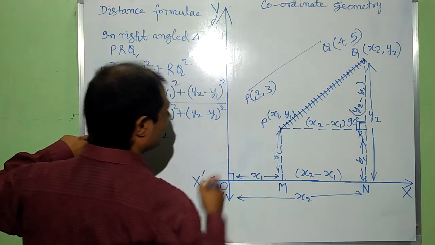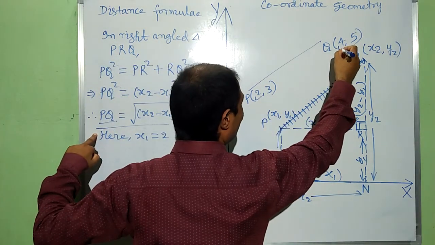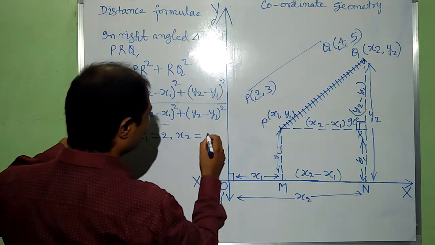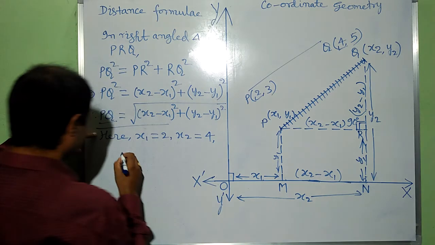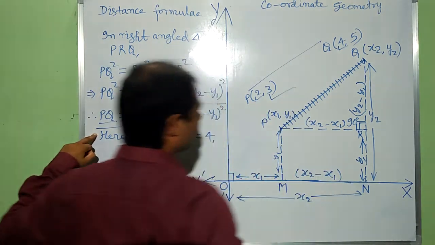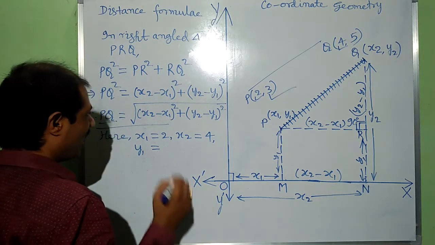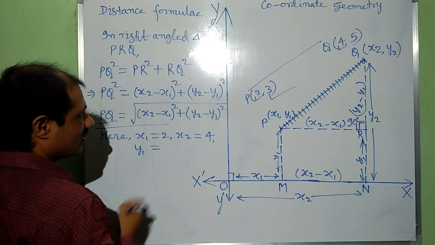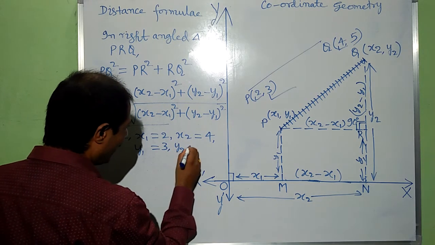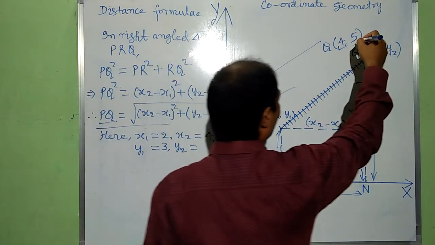This is x1 and this is x2. x2 is equal to 4. y1, the y coordinate, y1 is 3 and y2, the second element, is 5.